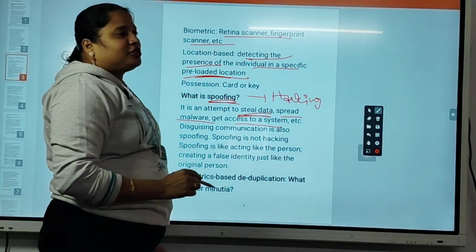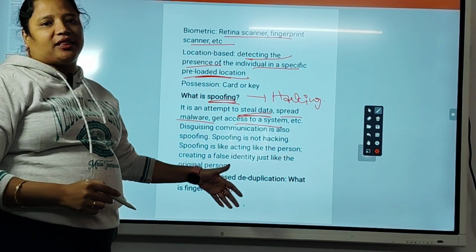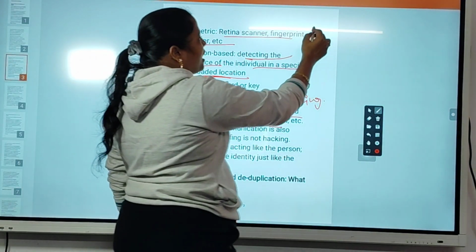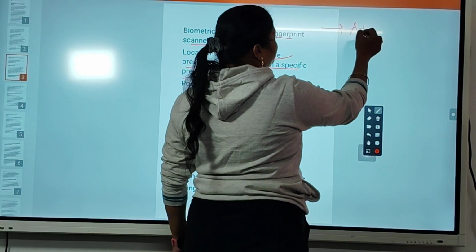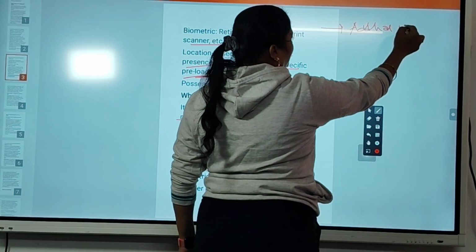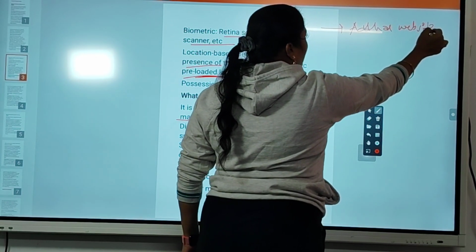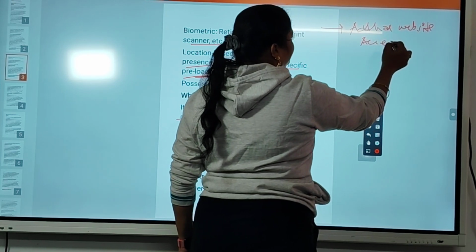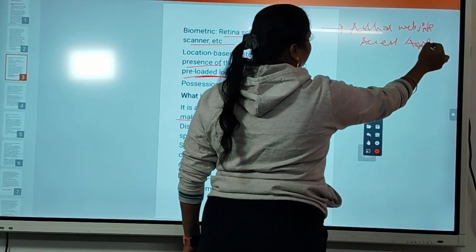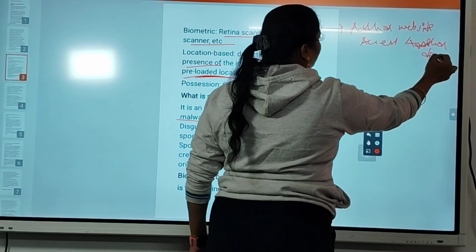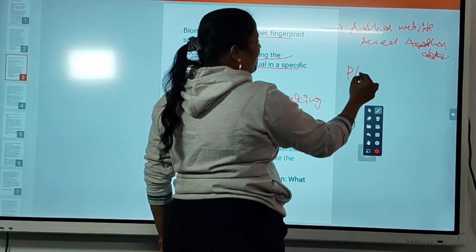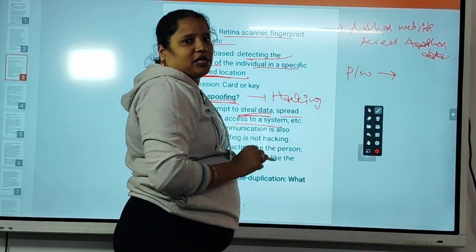After this two-layer authentication, what will happen? Suppose you are going into another website to access your other data. First it will ask for your personal password.